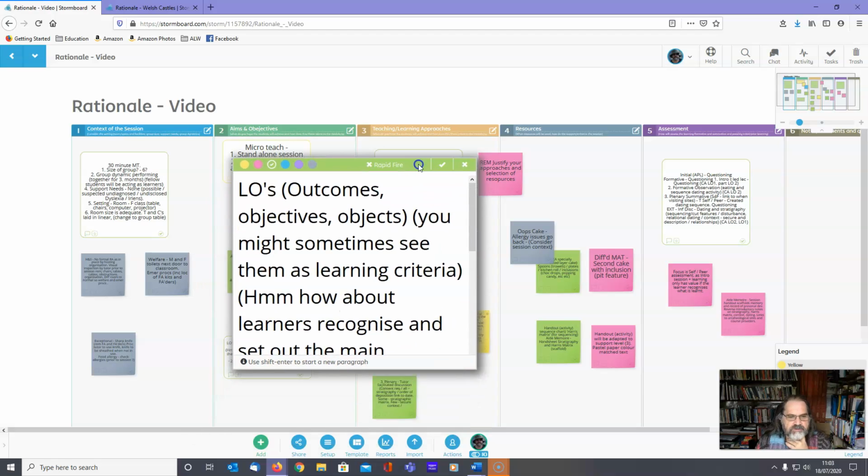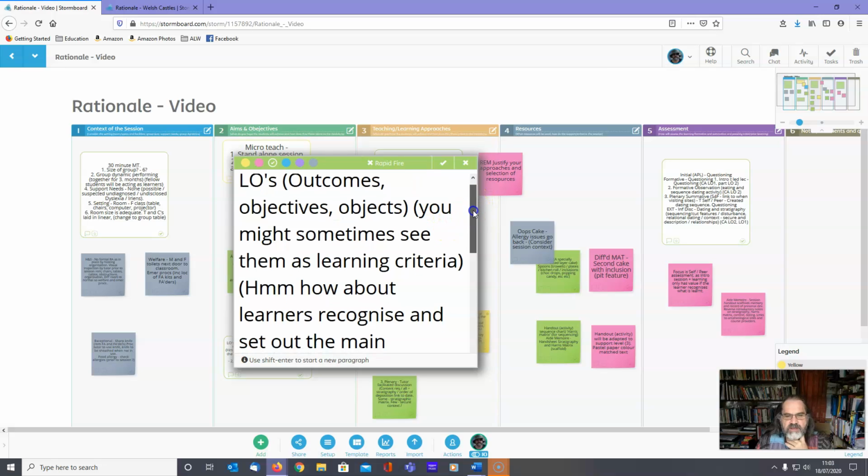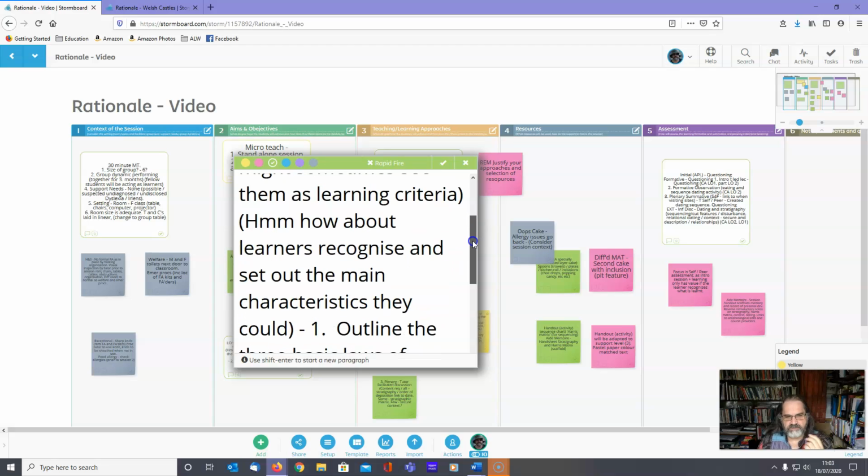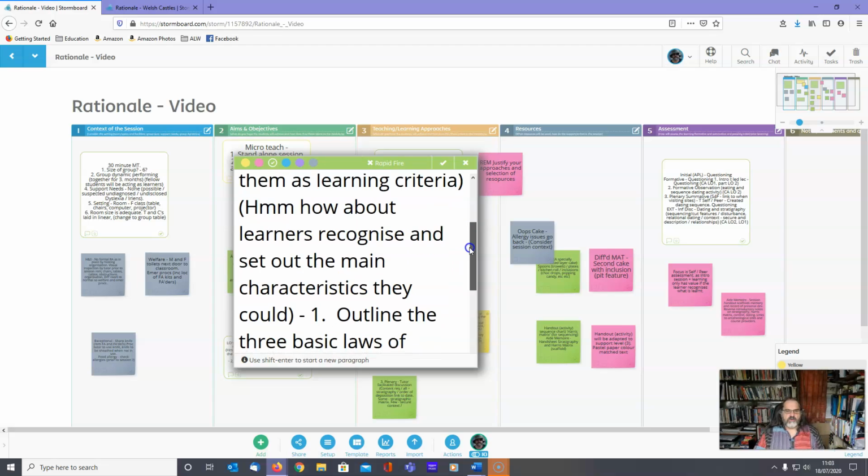So here we go. To hit those concepts and the aim, I've written learning objectives, outcomes. I like objectives. You might see them as learning criteria sometimes in a book. So I'm thinking about this. How about learners recognise and set out the main characteristics?